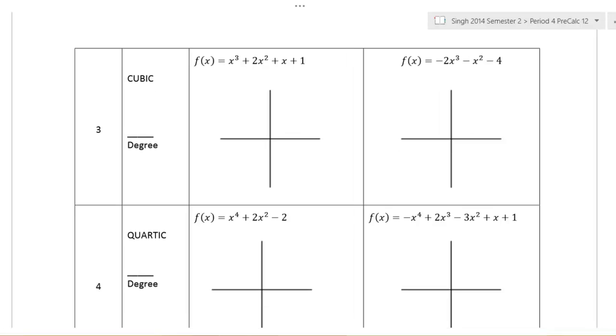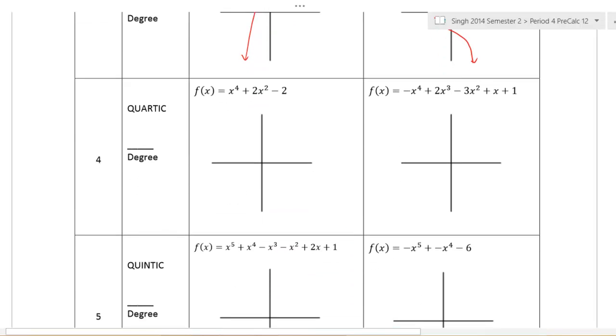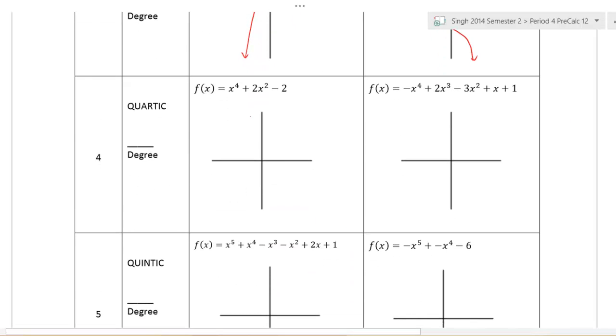These graphs are going to look something like this. Something like that. This one's also going to look something similar to a quadratic, but not quite.